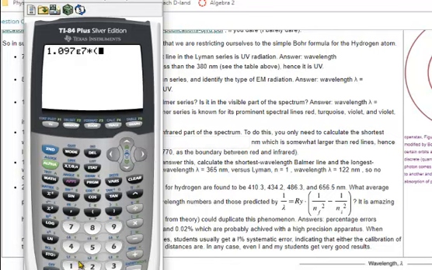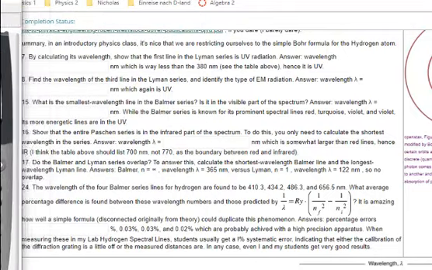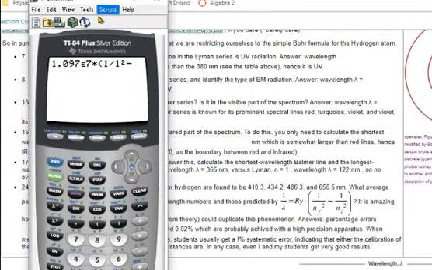Times, parentheses, 1 divided by 1 squared, because it jumps down to the first orbit for the Lyman series. And then it says the first line in the Lyman series, which means it jumps from the second orbit. So 1 divided by 2 squared, parentheses, enter, then take the reciprocal of that.